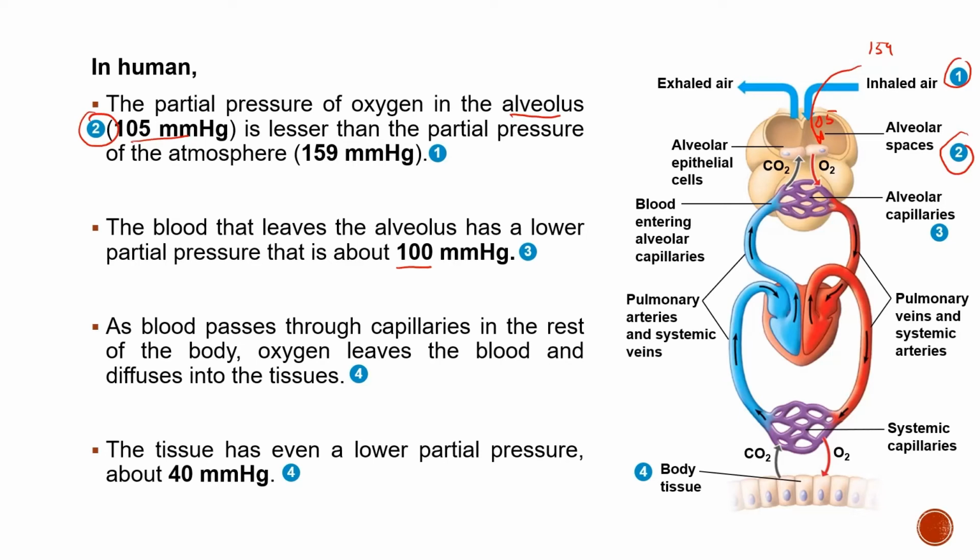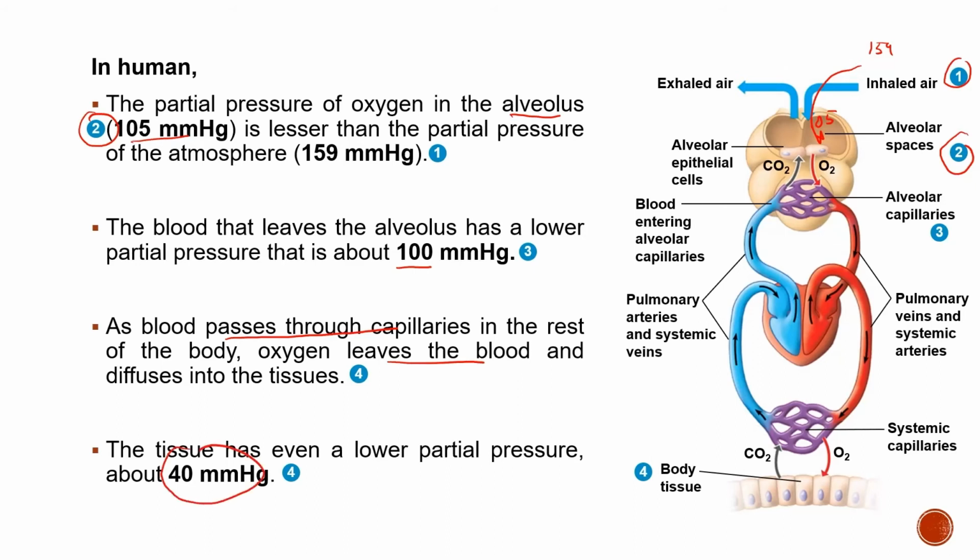Next, as blood passes through the capillaries in the rest of the body, the oxygen will leave the blood and diffuse into the tissue. So the blood, at 105 millimeter mercury, passes through the heart, and then arrives at the body tissues. The tissues have a lower pressure compared to the blood, about 40 millimeter mercury.